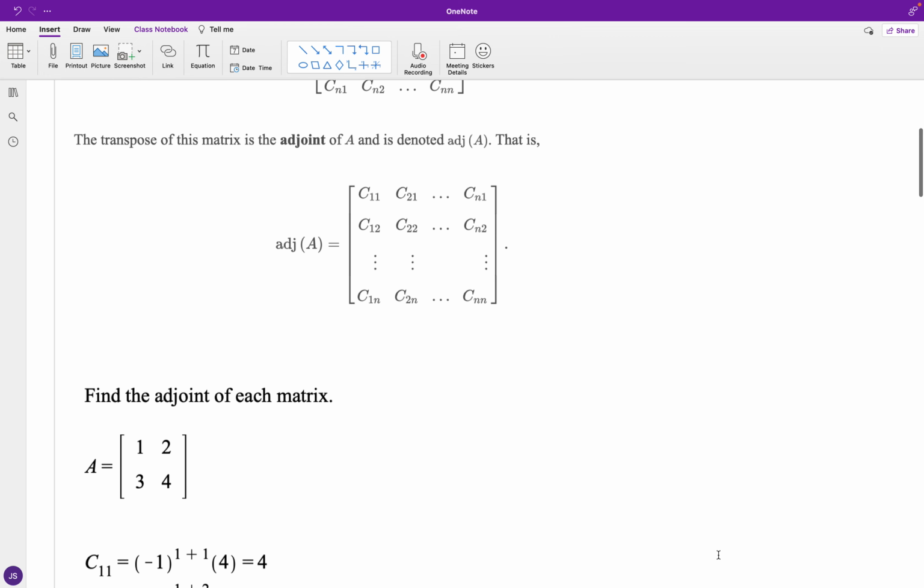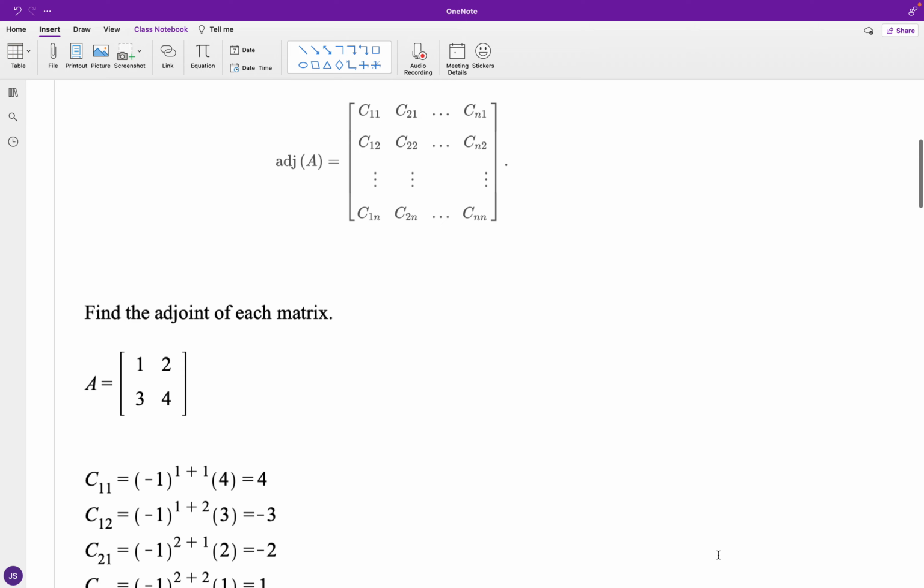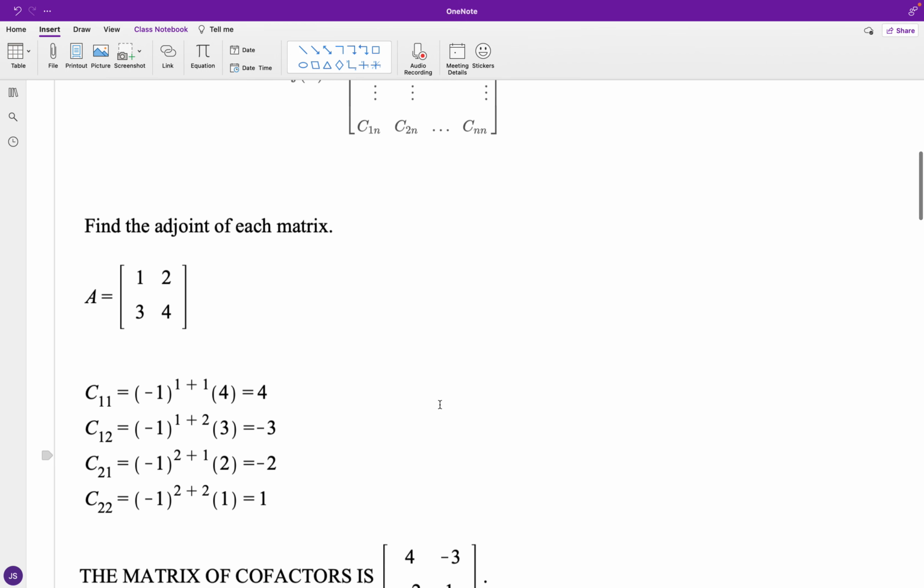Looking at the cofactors, for the first row and first column, you have -1 to the i plus j, where both i and j are 1, times the element 4. Covering up the first row, first column, we have exposed the number 4. For the cofactor of the first row, second column, covering up the first row, second column, we have exposed the number 3.